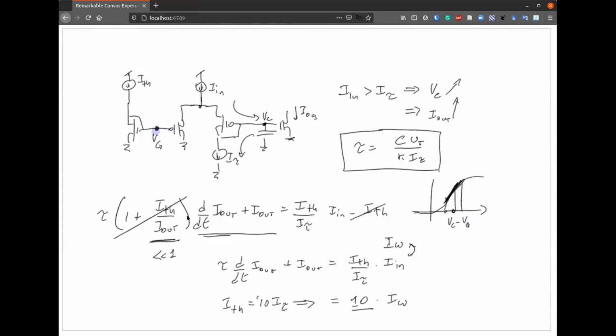And this is very confusing because VG is the gate of a PFET. If you only look at it here, you see a PFET, and typically when you see a PFET, you would try to put VG close to VDD. But for this circuit to work, VG has to be close to ground. In fact, if you have a very small current, like 10 pico, if I tau is 1 pico and I threshold is 10 pico, then this current will be very small and the log of this current will be very close to 0.